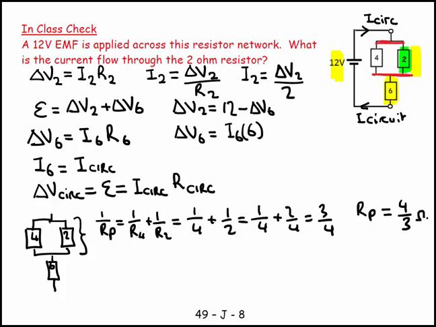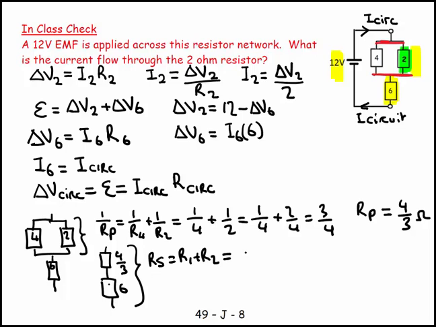This is ohms. So now I can draw my circuit as 4 over 3 and 6. And that gives me R series is equal to R1 plus R2, which equals 6 plus 1.33, which is going to be 7.33 ohms.